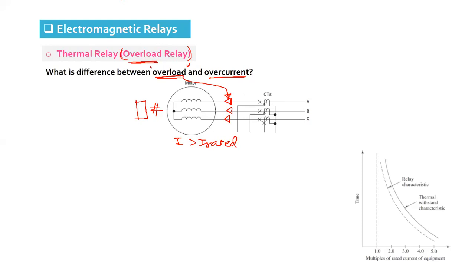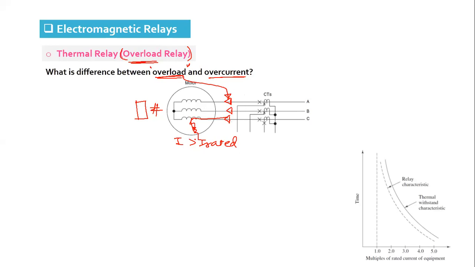Whereas overcurrent, in overcurrent the current will be diverted to an undesired path, maybe due to failure of insulation or anything.